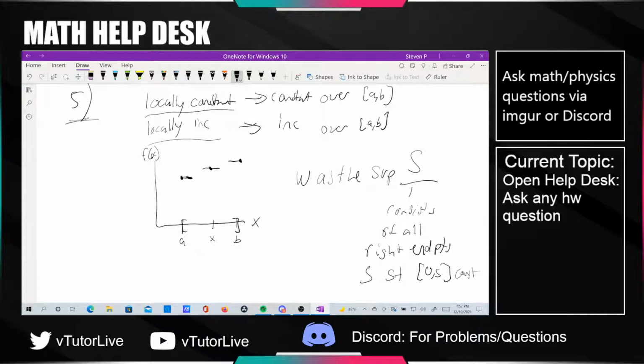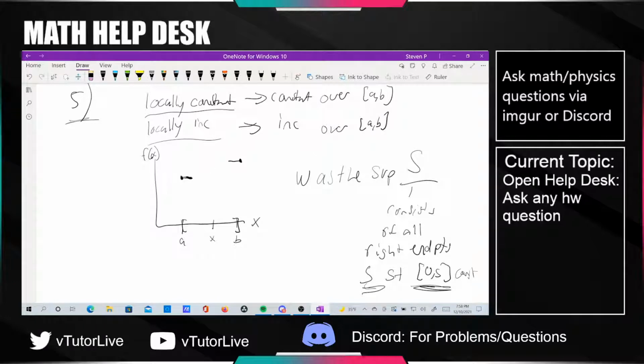So again, you can take a thorough look at capital S if you want to, but the basic idea is it consists of all the right endpoints little s such that the function is constant over the interval 0 to s.